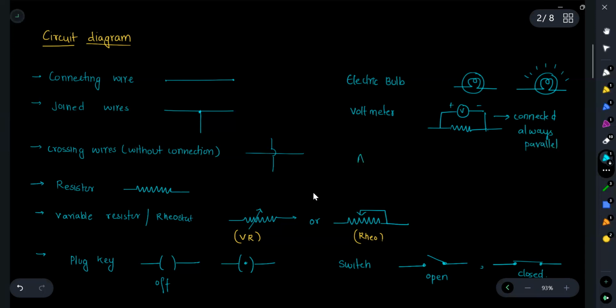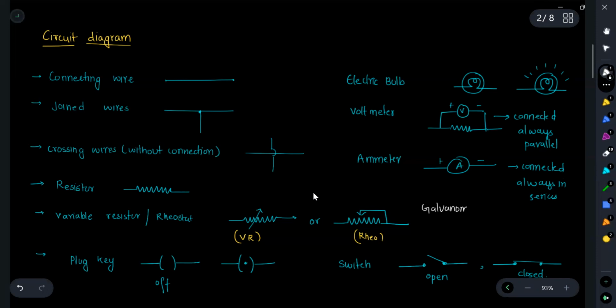Then we have ammeter, which is connected always in series, denoted by A. This is connected always in series. Then we have a galvanometer, which is simply a G.